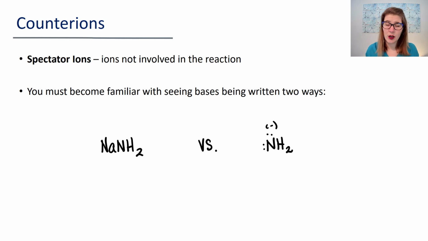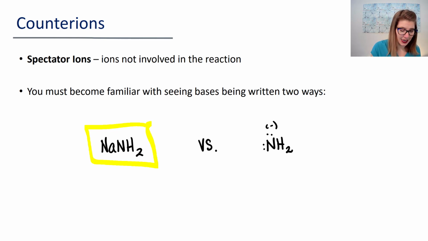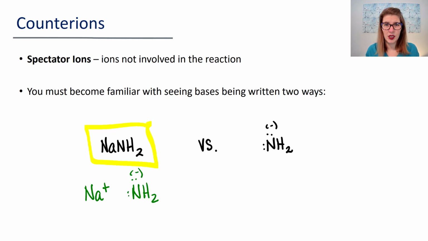We're going to see two different ways of writing bases. So here is one of my favorite bases, sodium amide. When we see sodium amide written, it can be written as NaNH2, where what you need to do is recognize that the Na is just hanging out as a positive sodium ion, and the NH2 is the base that we care about.